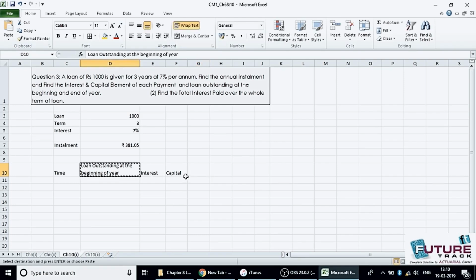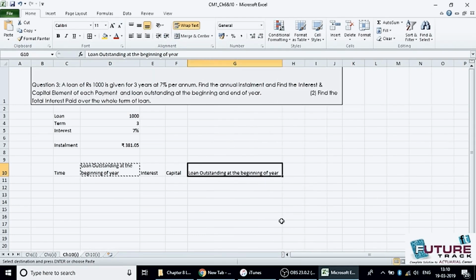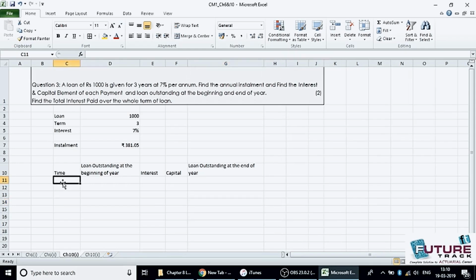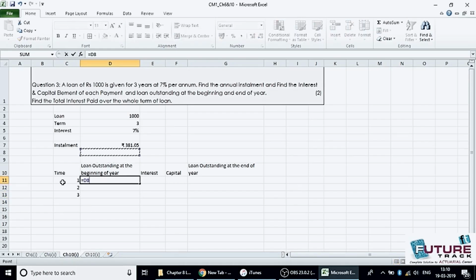It is Control C, Control V. Loan outstanding at the end of year. Fine. Now, time 1, 2, 3. Now the first thing is, what is my loan outstanding? So rather than writing 1000, just give a reference of this cell.